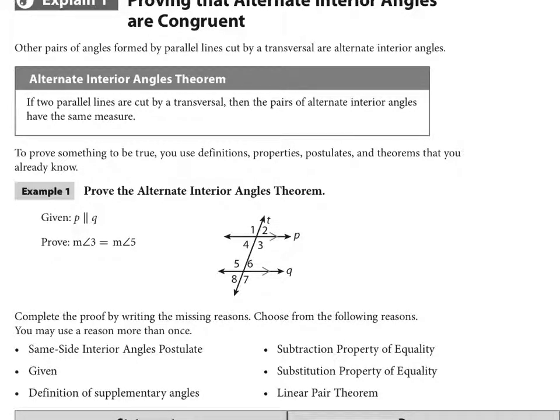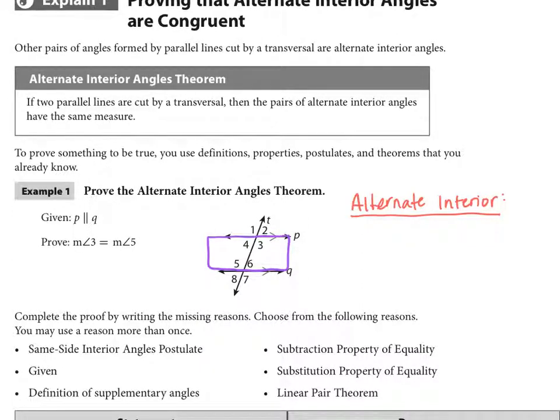But let's identify how we look for alternate interior angles. Interior is the word we've just seen, and it means exactly the same thing as in same side interior: the angles that are inside. So if I close up these parallel lines, the angles 3, 4, 5, and 6 are still inside.